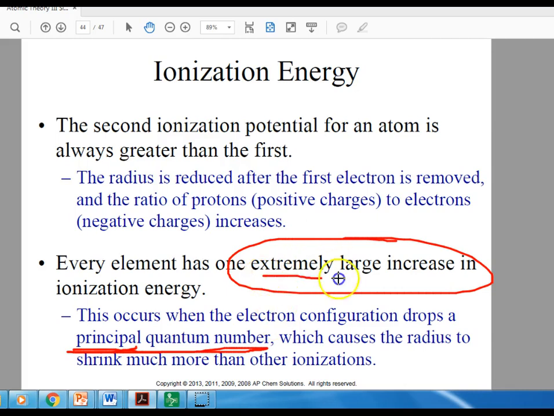So you got one extremely large increase because you're moving down a shell, not just a sublevel, but a whole shell. So you're moving from like the third energy level to the second. And they use this term principal quantum number, and that's just referring to your energy level. So you're dropping, let's add here, an energy level. Sorry, it's hard to write with this marker, but you get the idea. Energy level is the same thing as this principal quantum number.